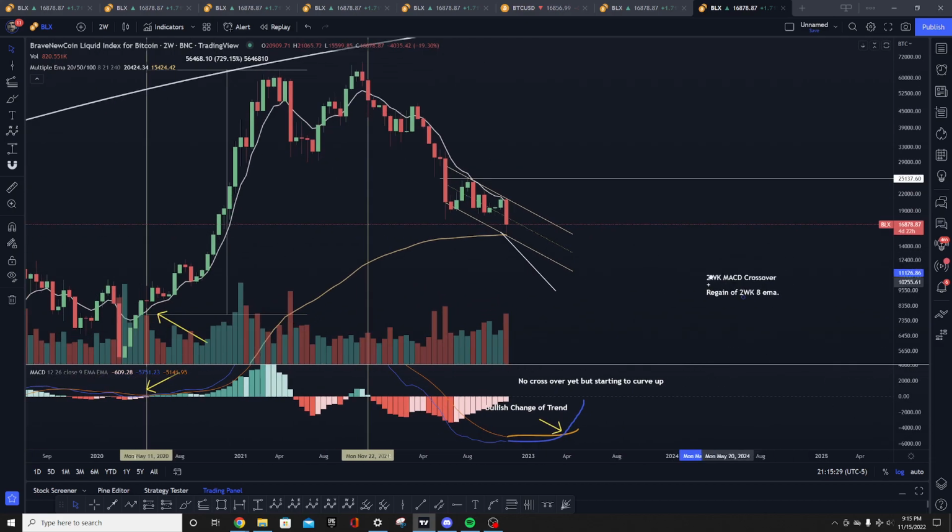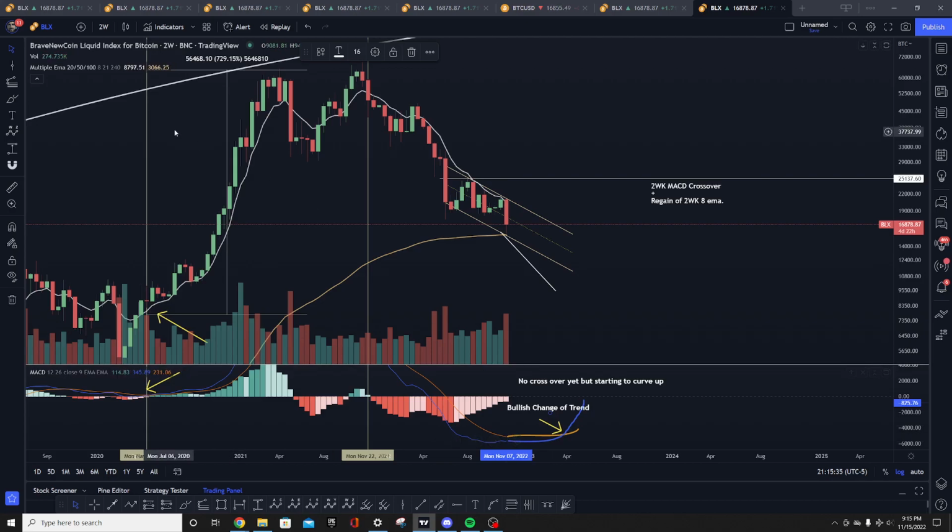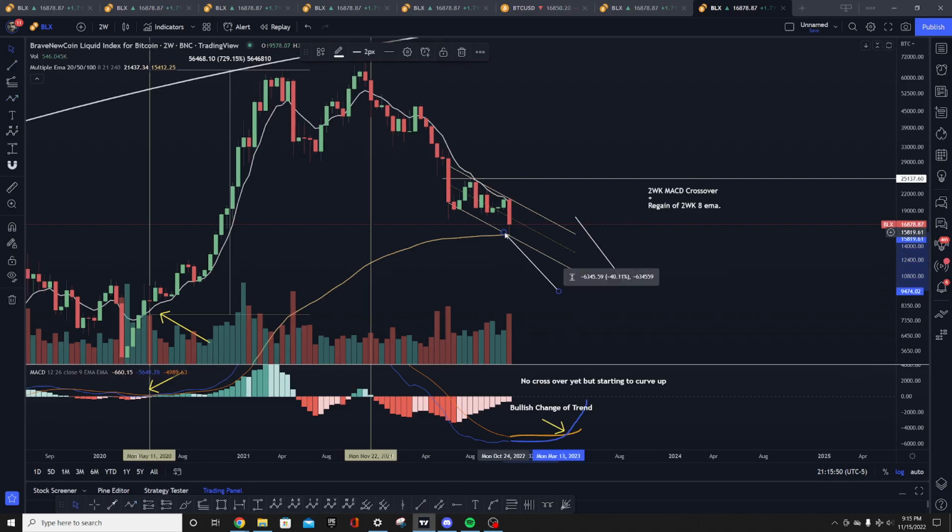So for me, just looking at this, I would wait for a bullish crossover on the 2-week, as well as a regain of the 2-week 8 EMA, right? And then some candle formation that I would look for. Maybe it's either an ending diagonal, or in this case, a falling wedge. It's the same thing.